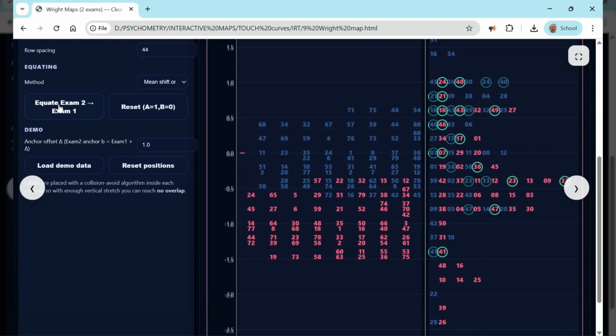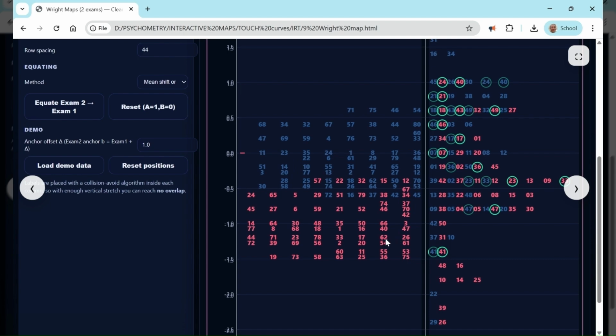So equate exam 2. Look at what is happening. The anchor items are equated well. So 7 is with 7, 17 with 17. They became the same level of difficulty because they are the same item. So they must be equated to the same difficulty. But look what happened to the ability. All of them went down. Those were showing all to be up, but in reality, that's their real ability in comparison to those.